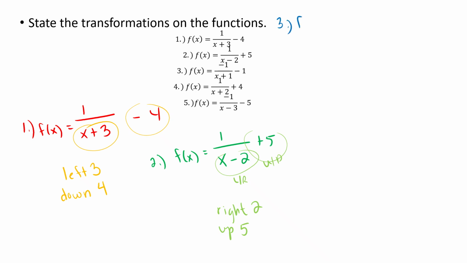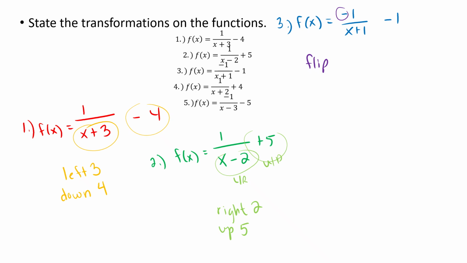Number 3, f of x is equal to negative 1 over x plus 1 and then a minus 1. So the negative is going to flip it over. Now, I typically in my classes and in my videos will just simply say flip. You can express that other ways, though. The technical math word would be a reflection.